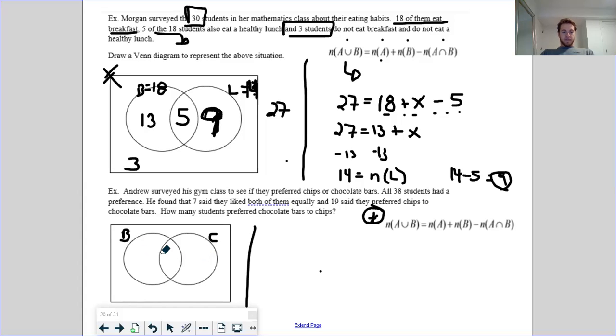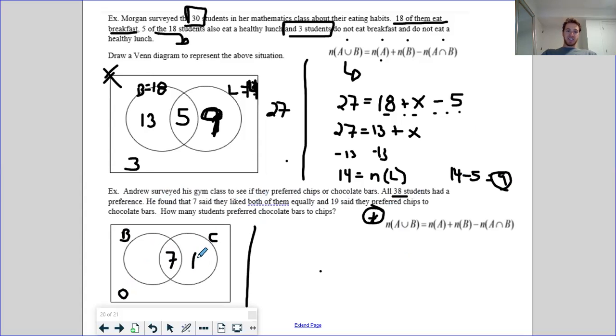All right. So when I read this, you got chips or chocolate bars, all 38 students have a preference. So section 4 is equal to 0. Okay, right on. He found that 7 said they like both equally. So you would put 7 in the middle. 19 said they preferred chips to chocolate bars.